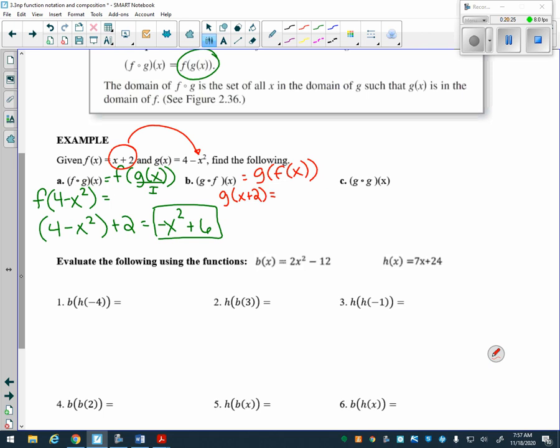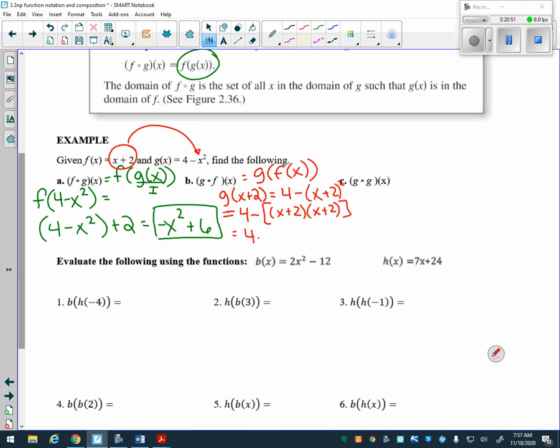So this is 4 minus (x plus 2) squared. Now, since I have that expression squared, we have to expand it out because there's 2 of them. So that means it's going to equal 4 minus (x plus 2) times (x plus 2). So you have to FOIL that out.